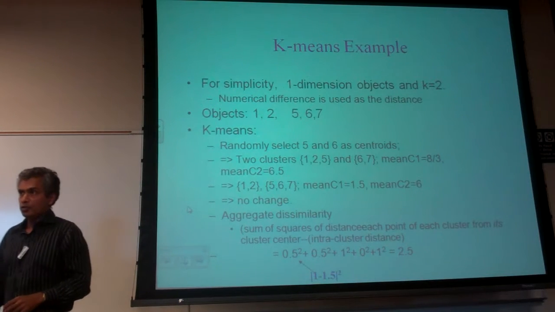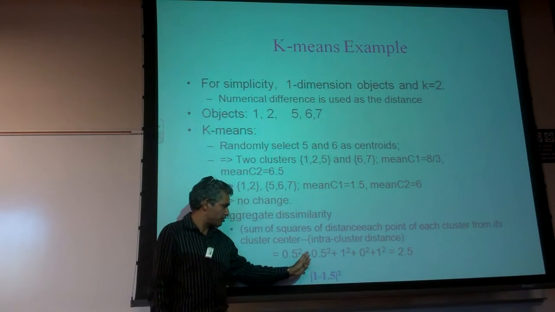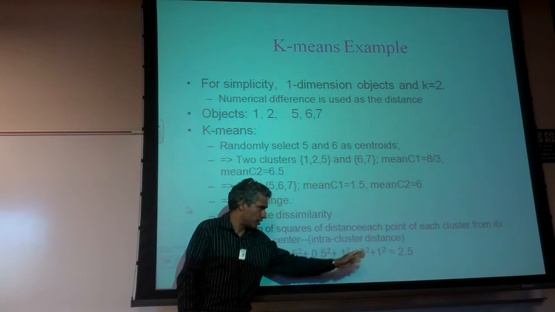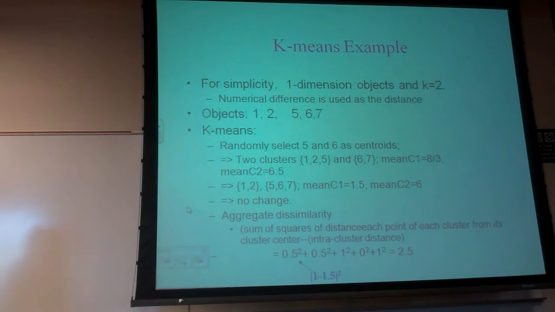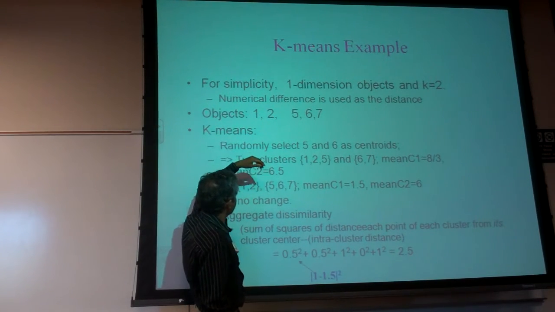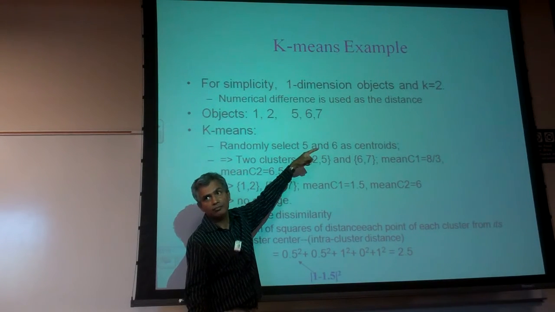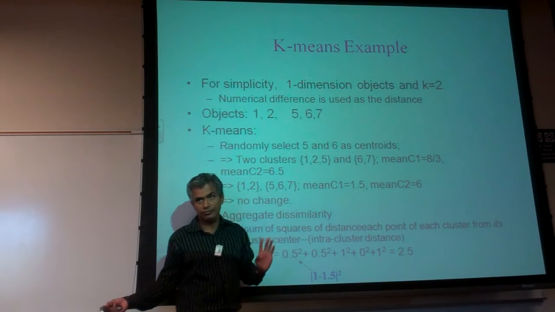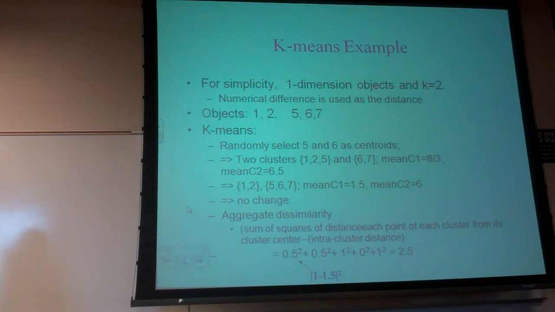So the aggregate dissimilarity for this case would be 0.5 square plus 0.5 square plus 1 plus 1, 2.5. If you were to compute this aggregate dissimilarity for the earlier, the first one, that would be higher. This is lower. So that's how that metric comes down every iteration. That's the optimization metric.